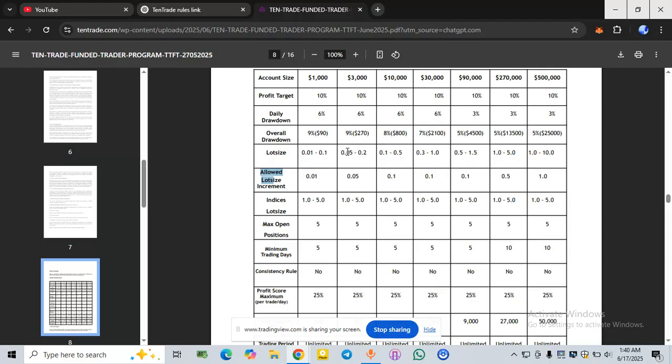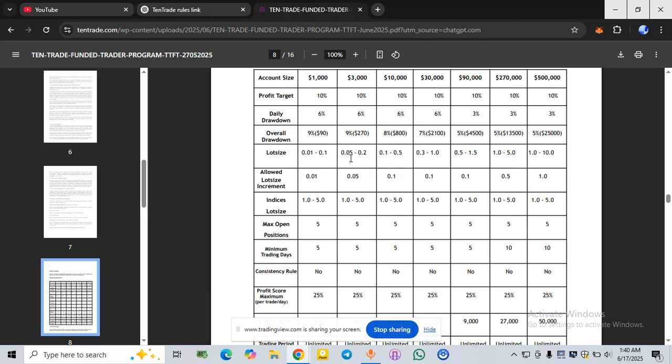No, you can only increase the amount of lot size that you used before by 0.05. So you can increase it from 0.05, then you can only add 0.05 to that first 0.05, giving you 0.1. Then if you want to increase it again, you add another 0.05, making it 0.15, then 0.2, and so on and so forth.